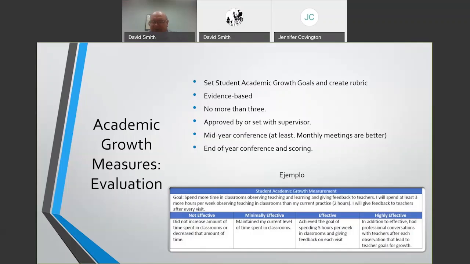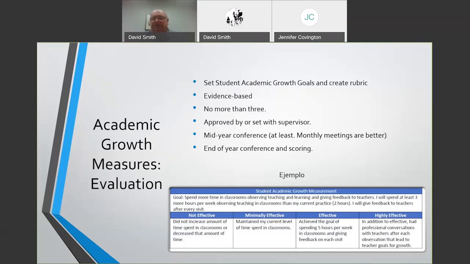For me as the principal to be rated as highly effective, I think what I need to do, and my supervisor agrees, is that in addition to what it says in effective, I'm going to have professional conversations with teachers after every observation that lead to teacher goals for growth.